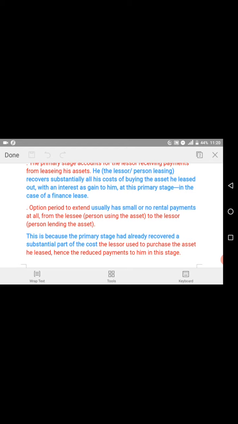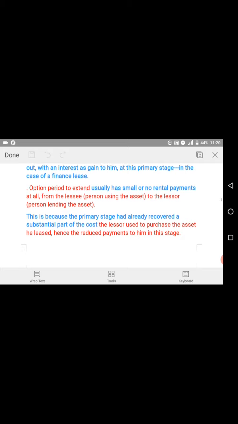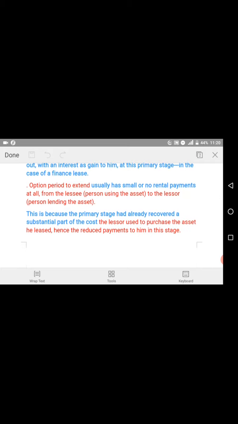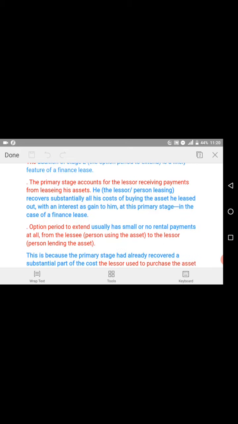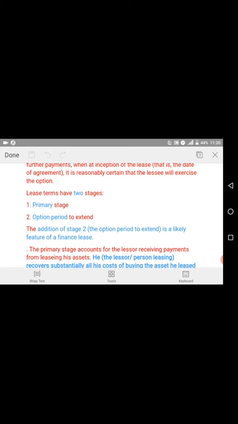At this stage, he had already recovered most of his costs, so the fees or the charges that he gives out become substantially lower at this stage of the lease term.